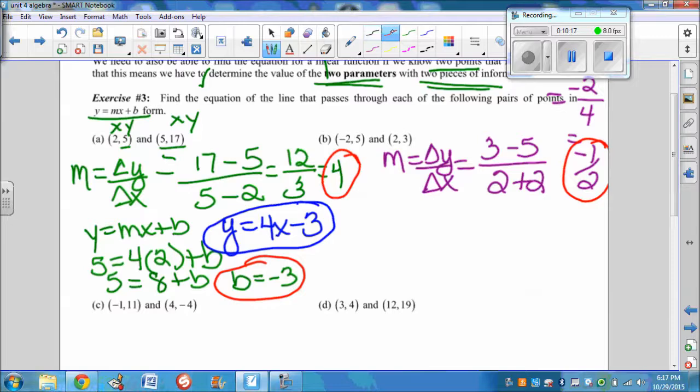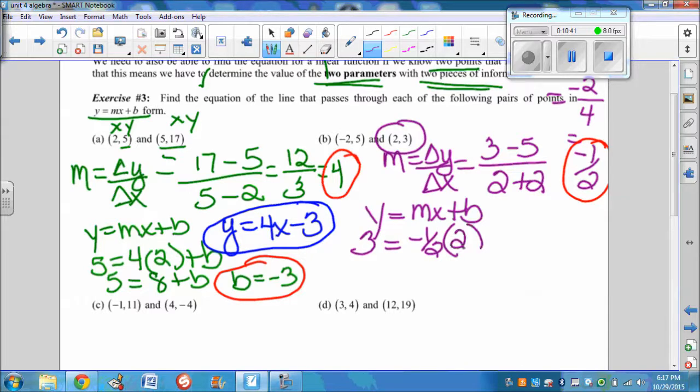Now what do I need? What's my second one? You should answer, we need the y-intercept. So again, we use our equation, y equals mx plus b. Pick one of these two points. It doesn't matter. I'm going to go with (2, 3) just because it doesn't have any negatives. So my y is 3, my slope is negative 1/2, and my x is 2, plus the b I'm looking for. 3 equals negative 1/2 times 2, which is negative 1, plus b.